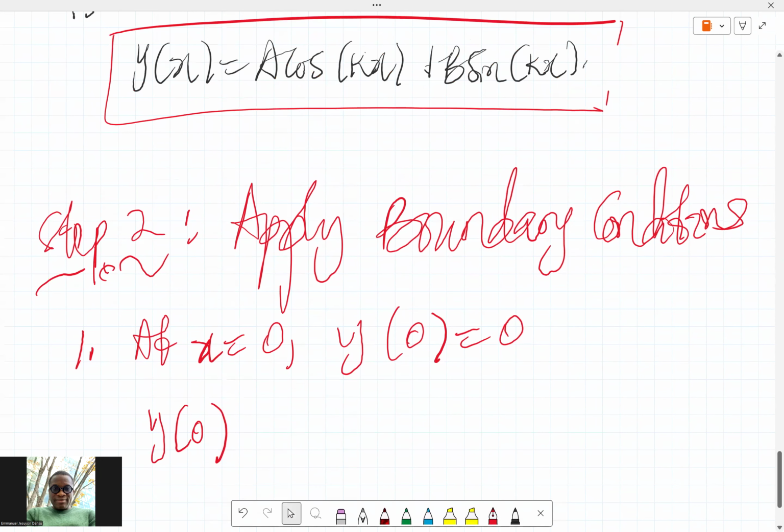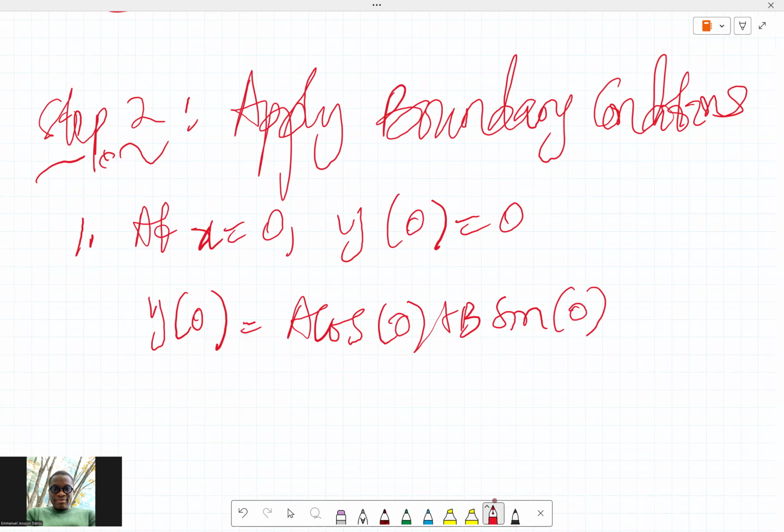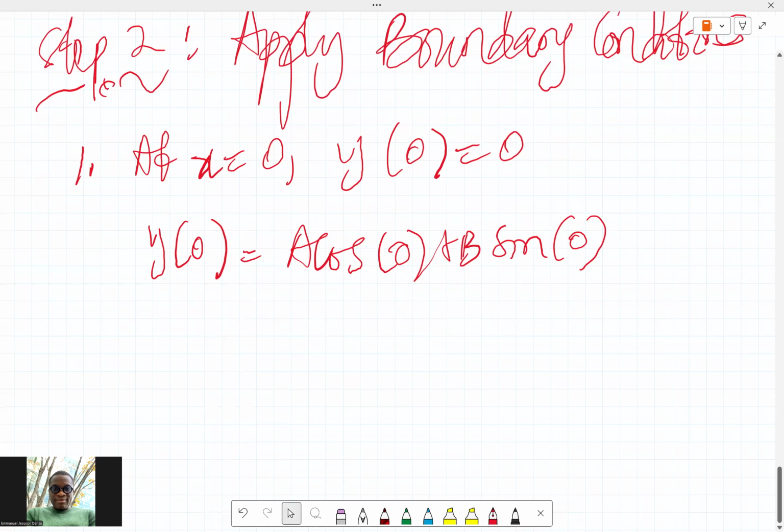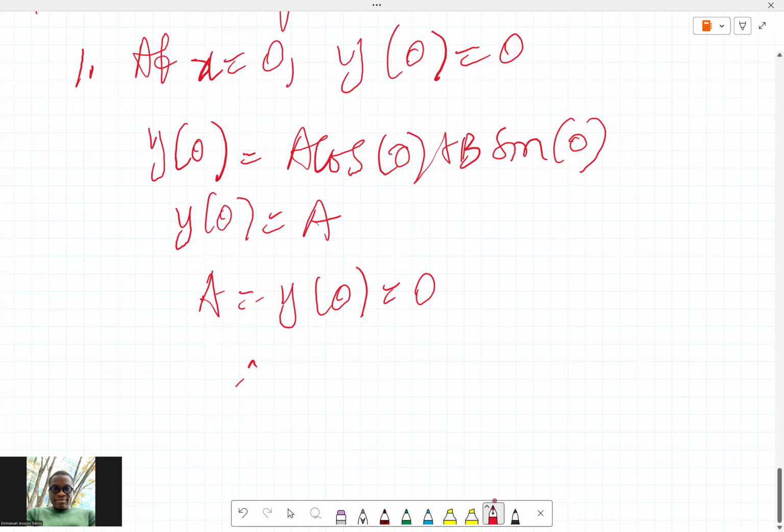That's from this expression now. y of 0 is equal to a cos 0 plus b sine 0. Of course, sine 0 is 0, cos 0 is 1. So that means that y of 0 is equal to a. And since y of 0 is 0 already, that implies that a equals 0.